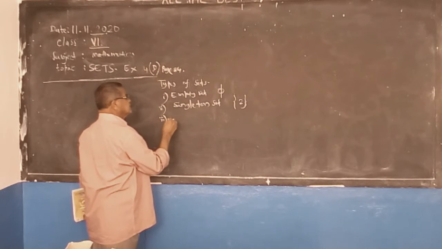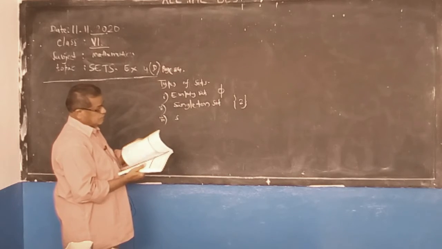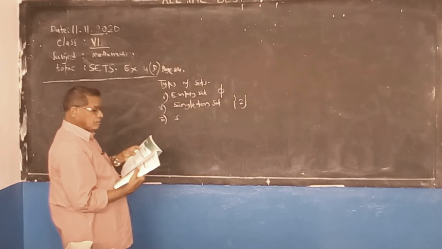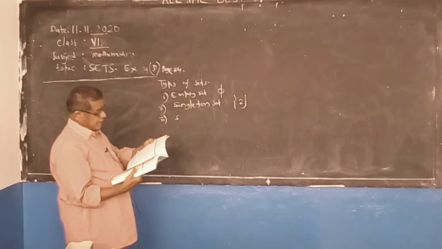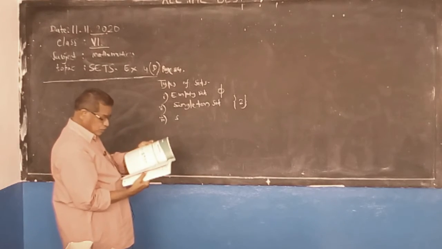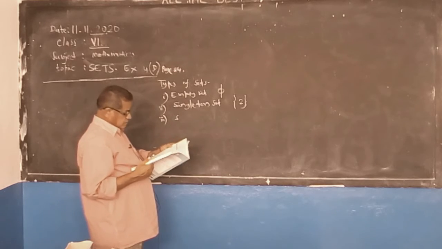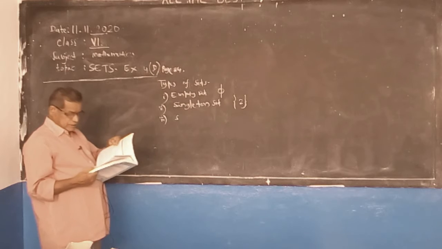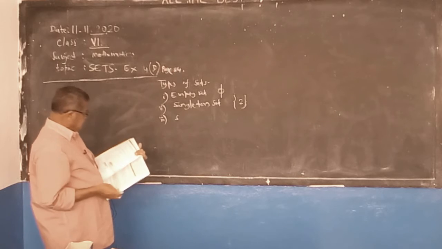Third, subset, given in your textbooks. Go through the textbook. Belongs, give reasons. Sentences true or false, first A, and in B what we learn? Belongs, not belongs, true or false like that. Here in roster form. Now in C, in the previous class we learned this. Now it's given in your textbook.